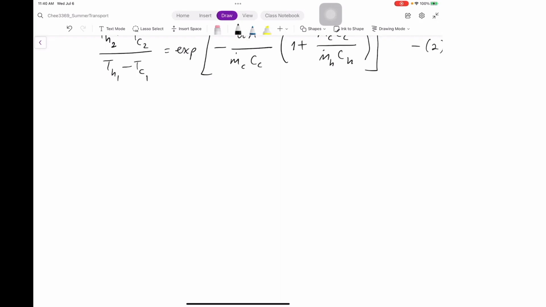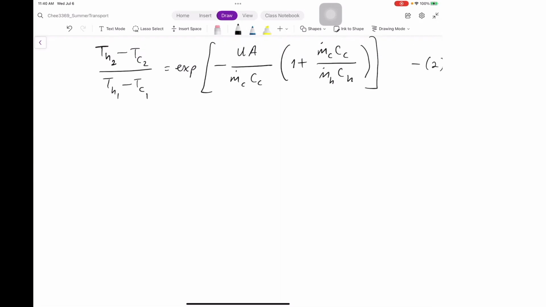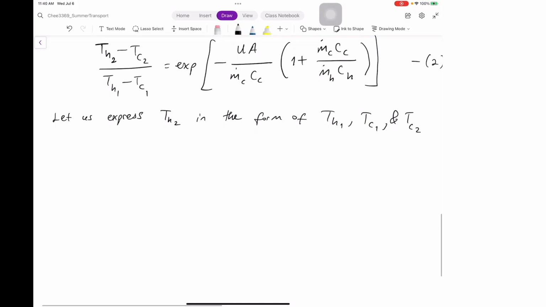Now, let us express the hot outlet temperature in the form of the other temperatures. So let us express T_hot2 in the form of T_hot1, T_cold1, and T_cold2 using the overall energy balance. Because that's the simplest equation that relates the 4 temperatures, right?